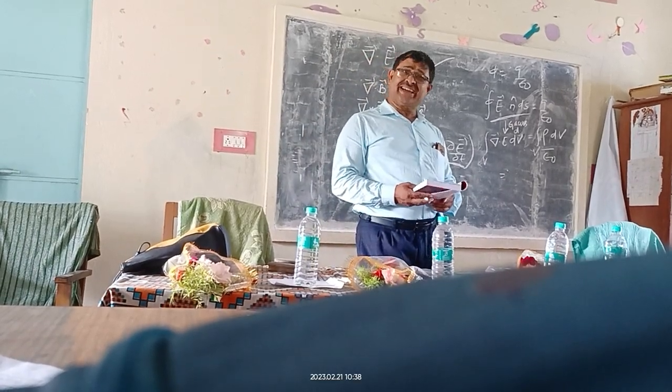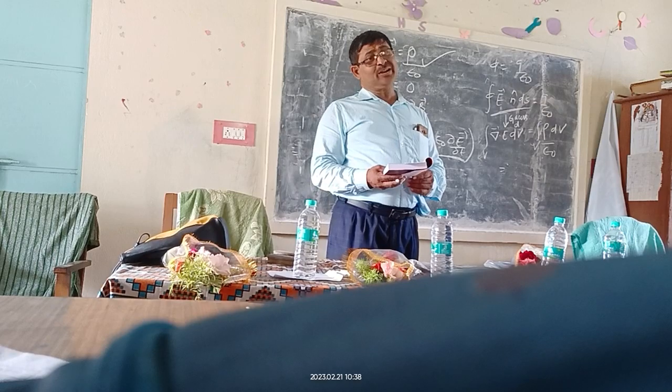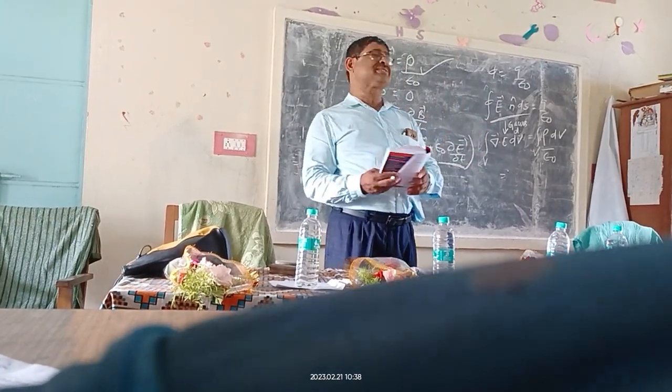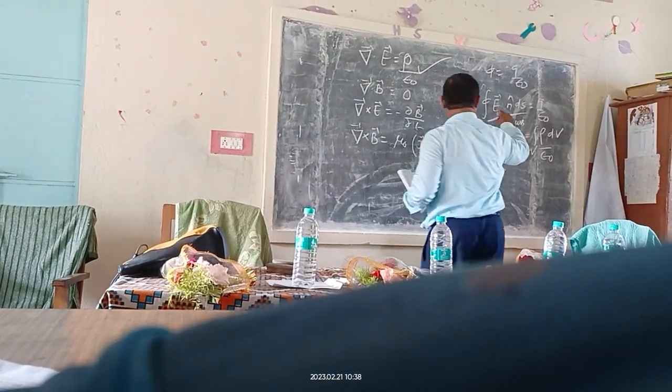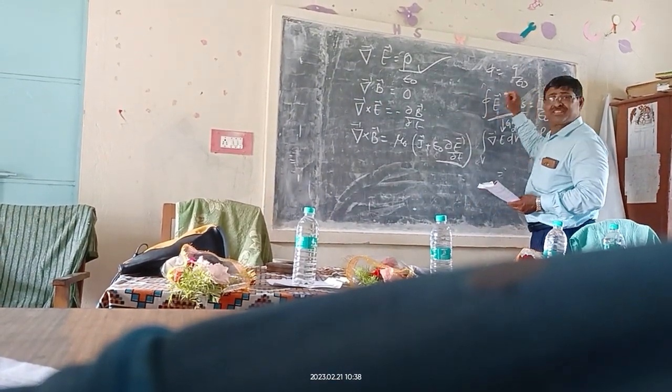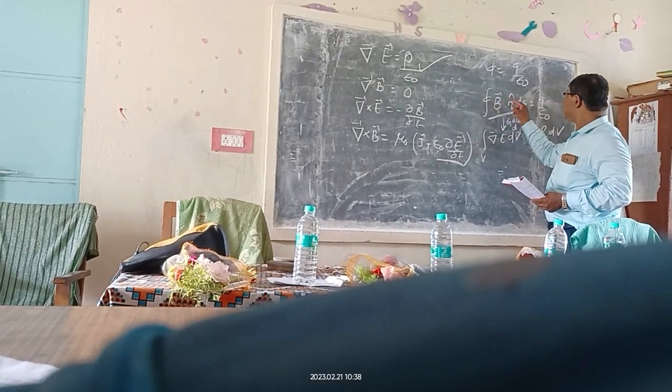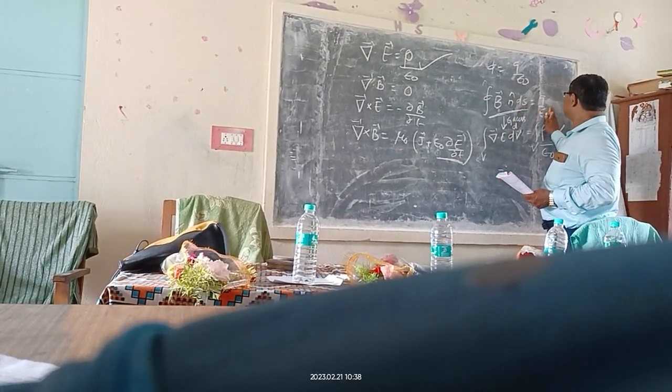The net magnetic flux linked with a closed surface, in relation with Biot-Savart's law, you will find instead of E and ds, it is B dot n cap ds equal to 0 for a closed surface.